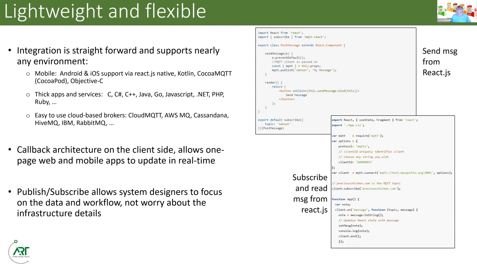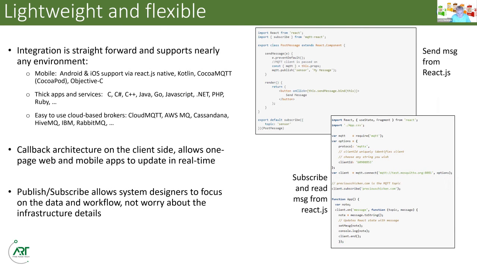Thick apps, it has support for any major enterprise programming language, plus .NET and PHP and Ruby on Rails, and you name it, there's a library for it. And then lastly, on the broker side, you can go anywhere from open source to using AWS's MQ, for example, right out of the box.